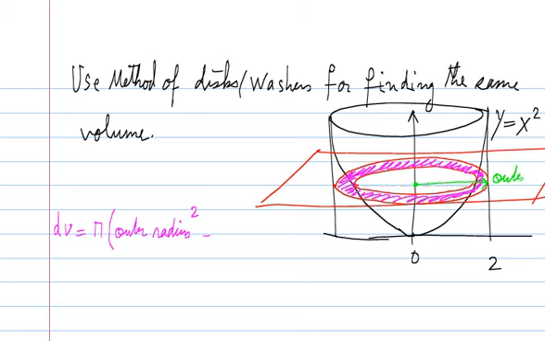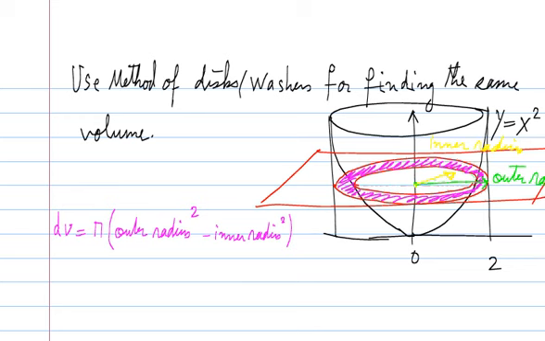This is the outer radius. The inner radius refers to starting at the axis and going as far as the inside circle. So I write outer radius minus inner radius, squared. That's going to give us the area of this shaded region.